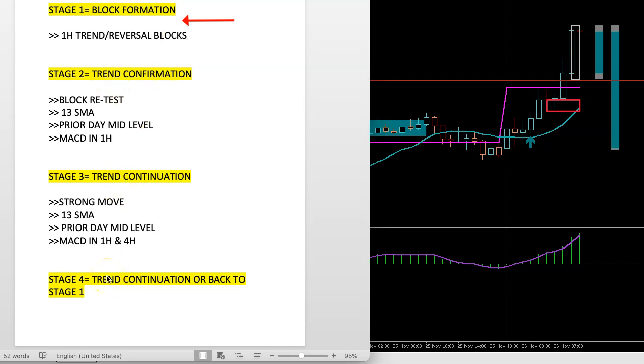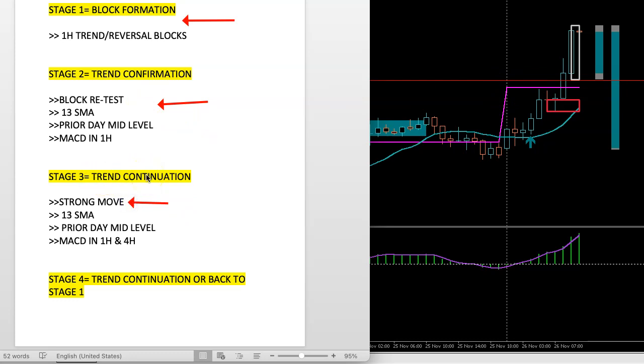If we have trend confirmation, like right over here, and a nice strong move, we can tell by the MACD, and by the difference in the move with the mid-level, then we can move on to trend continuation.